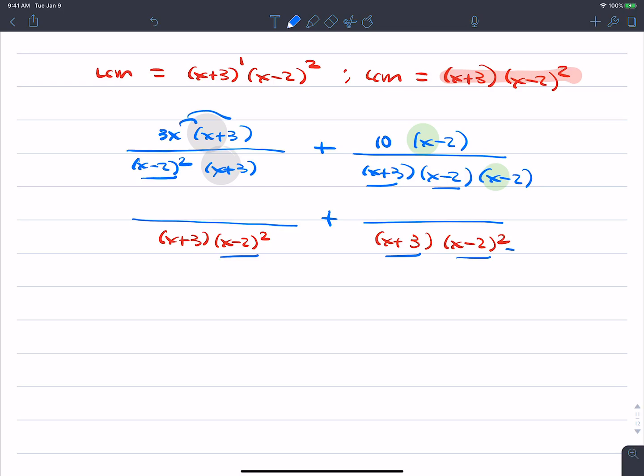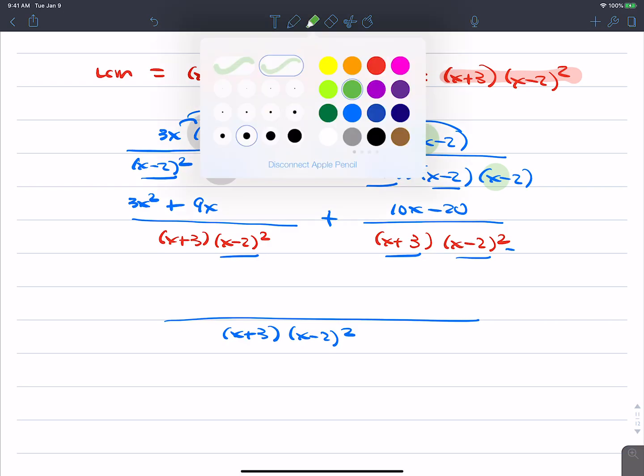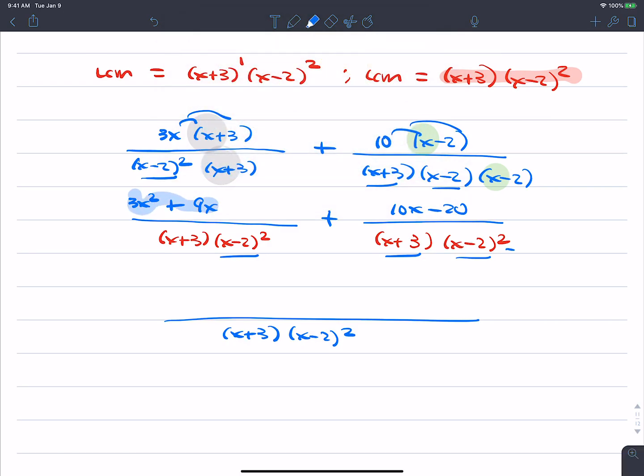So at this point, we get to multiply our terms, and we say 3x times x gives us 3x squared, and 3x times 3 gives us 9x. 10 times x minus 2 gives you 10x, 10 times minus 2 is minus 20. So over x plus 3, x minus 2 squared, we're going to take the 3x squared plus 9x and add it with the 10x minus 20.